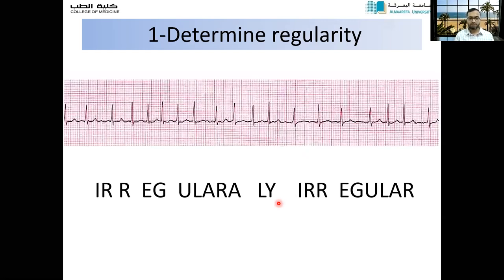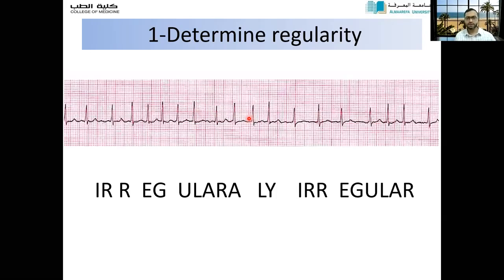Or it can be irregularly irregular. Irregularly irregular means there is no regularity in the irregularity. You cannot predict what happens next. You can see here, sometimes it's just 1.5 small squares, sometimes it's 2 big squares, sometimes it's 2.5 big squares. So you cannot say what's happening to the next beats.